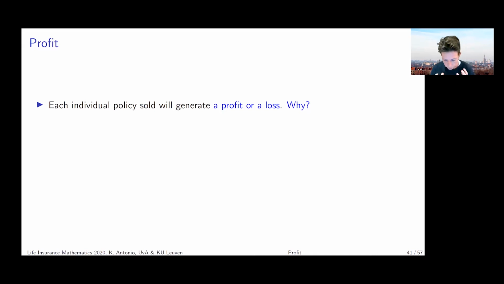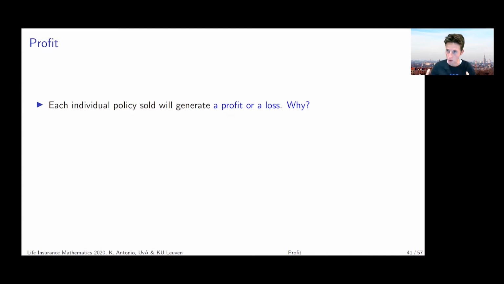And a first consideration to keep in mind there is that each individual insurance contract that you sell to a client will generate a profit or a loss. And what we mean by that is that you sell this contract, you receive a certain premium as an insurance company, and at the end of the contract, you also know what you actually paid to the policyholder in terms of the benefits, right?